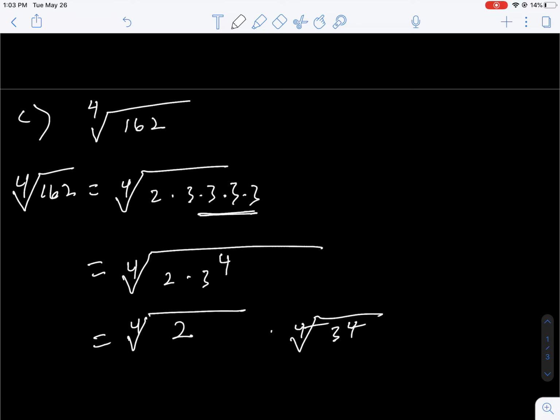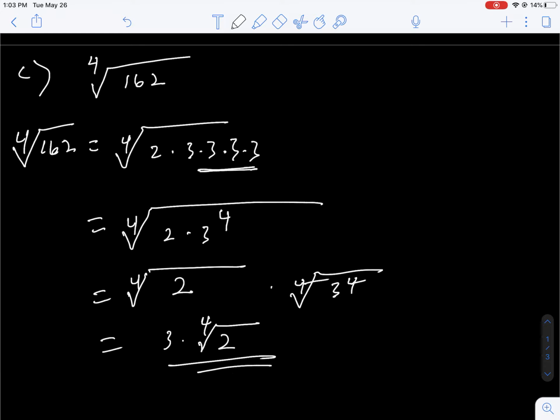We'll just be left with 3. It will go outside the 4th root, and we will only be left with 2 inside the radical. So this will be our final answer.